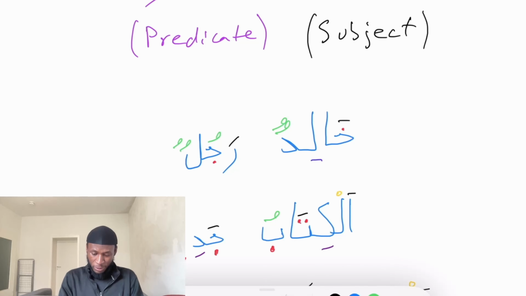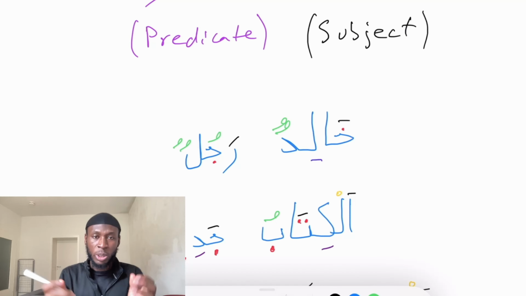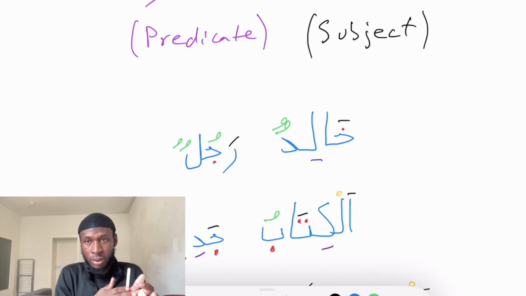If you remember, in the second lesson, if I'm not mistaken, we talked about the definite and indefinite noun, and we said that the proper noun is definite, even though it has a tanween.